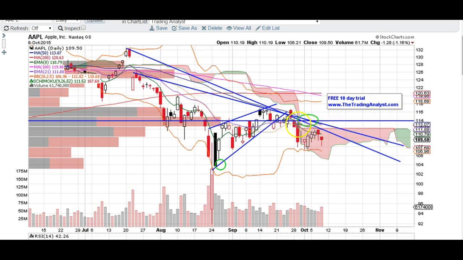We've got the 20-day moving average, which is also the middle Bollinger Band, the orange dotted line, all right in this area. We not only have that, but this big flat horizontal resistance at 112.50 and 114. We also have the Ichimoku cloud resistance, the flat top at 112. So we've got a lot of resistance and the downtrend lines right here. So we've got a lot of resistance in this area.